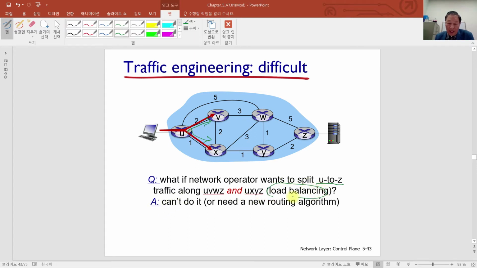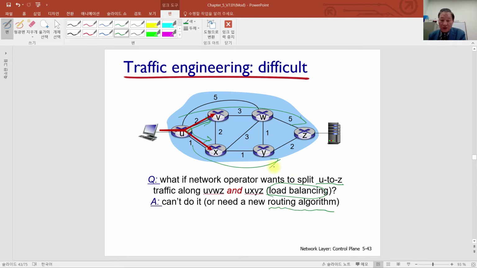That is called load balancing. One is here, another is on this route, and then the traffic will be divided. We cannot do that. We need a new, complicated routing algorithm, and that is difficult or not possible.